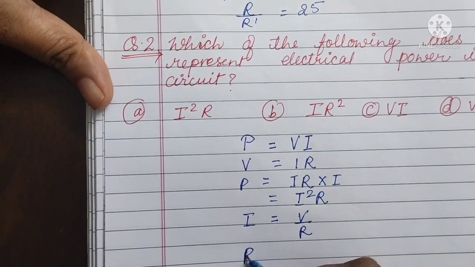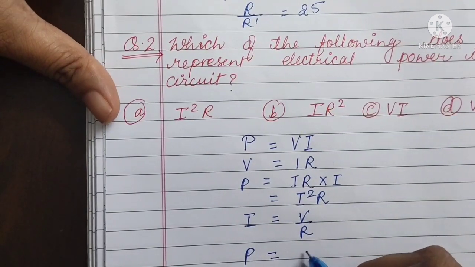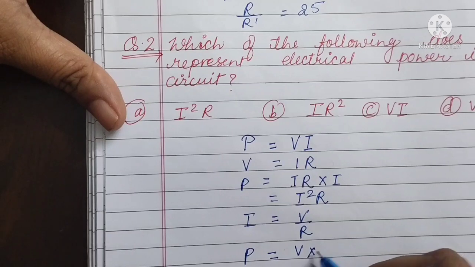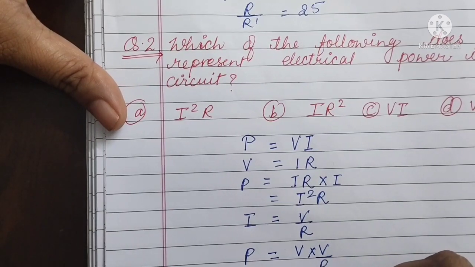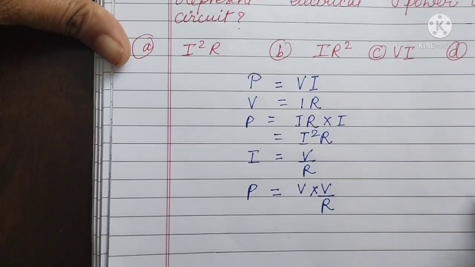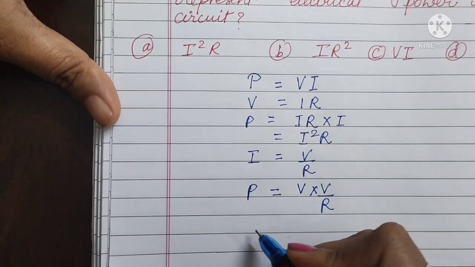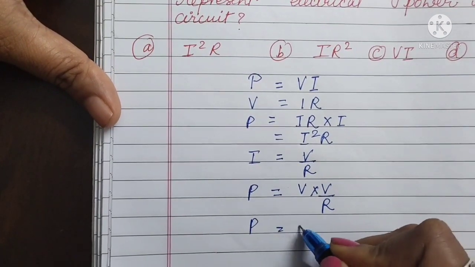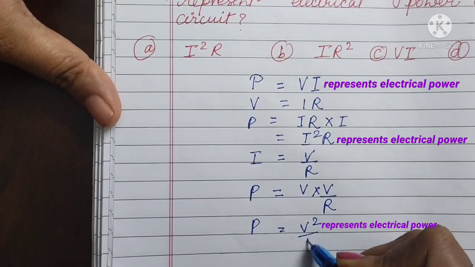That means P will be equal to V multiplied by V by R. We are just replacing the value of I. So this will be equal to V square by R.